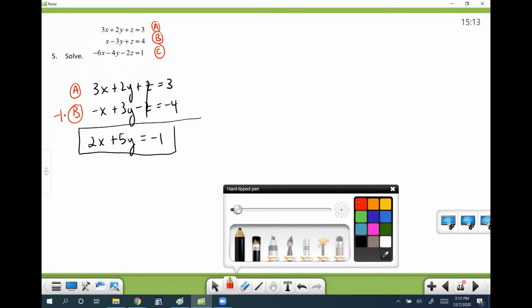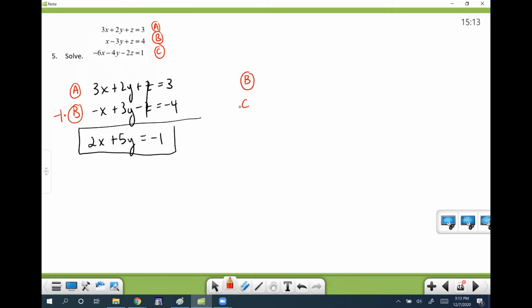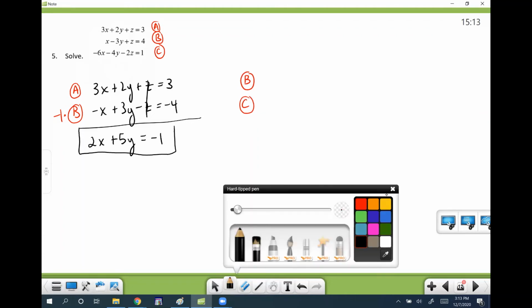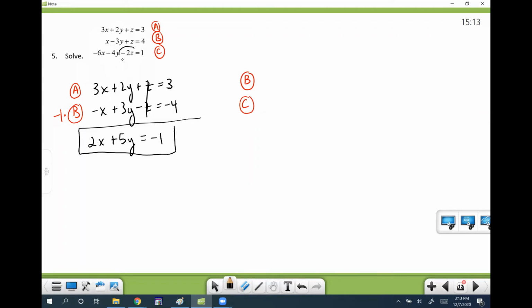Let's say we put B and C together. We have to get rid of Z again. There's no choice. It's gotta be Z. So this guy's a -2Z, so I'm gonna keep that equation exactly the same. And I want to try to make the Z in equation B cancel with it. So it'd be nice if it were 2, right? Because 2Z and -2Z will cancel.